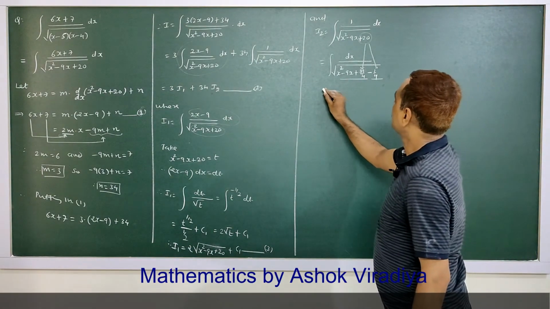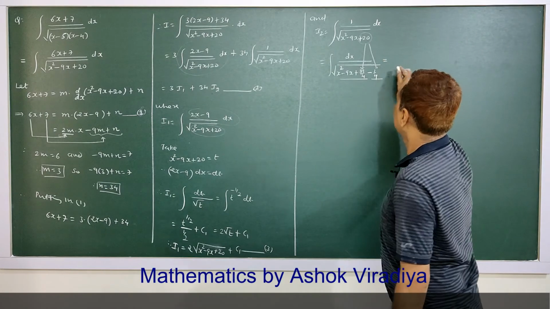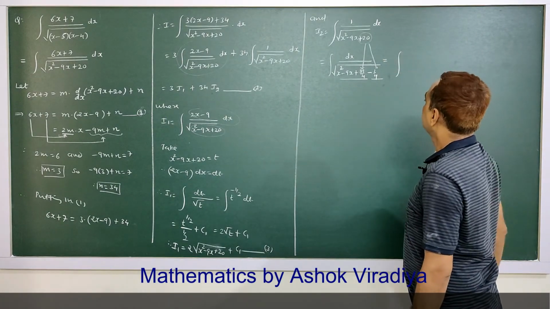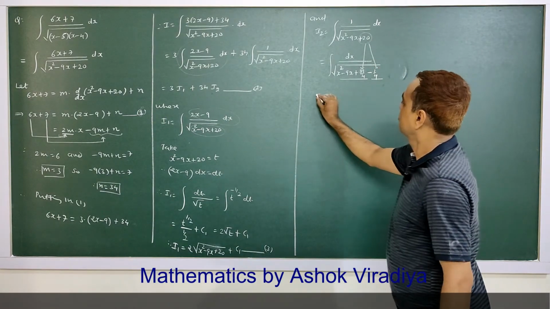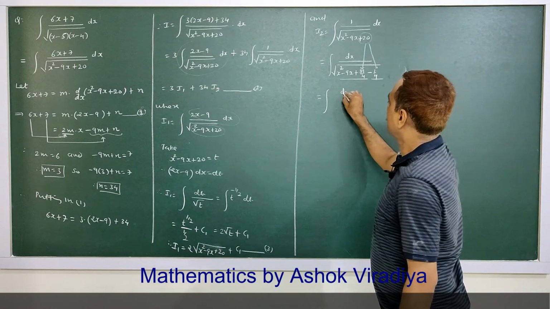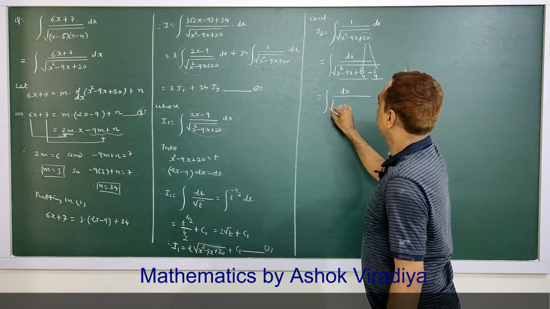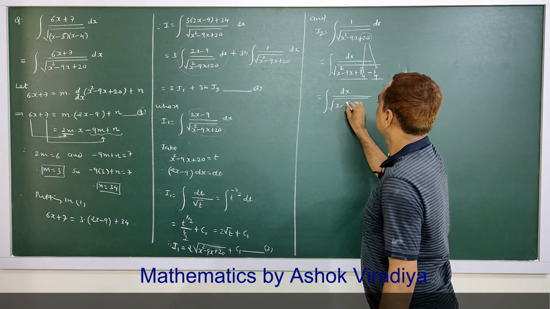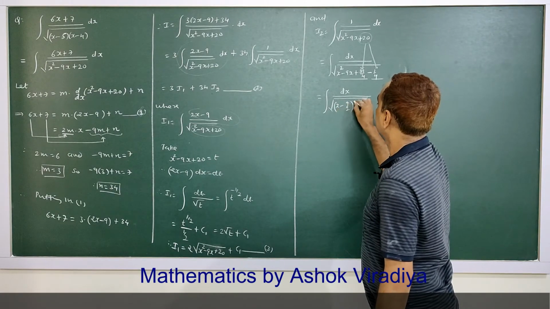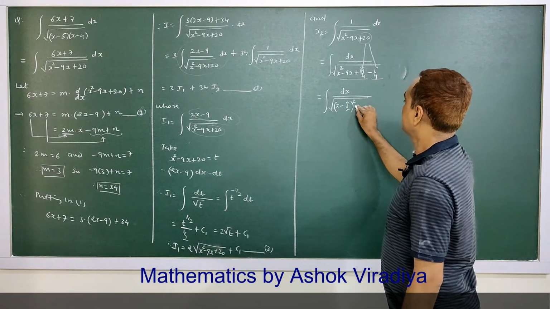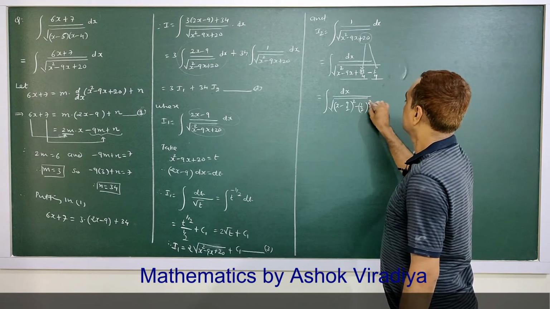So this is equal to the integral of dx upon square root of (x minus 9 by 2) whole square minus (1 by 2) whole square.